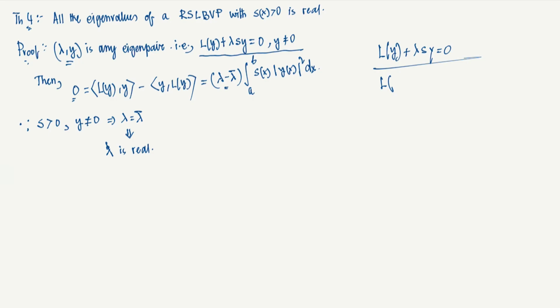Initially we are not assuming that lambda is real or not. Lambda is in C, essentially. Here we are assuming lambda is in C.